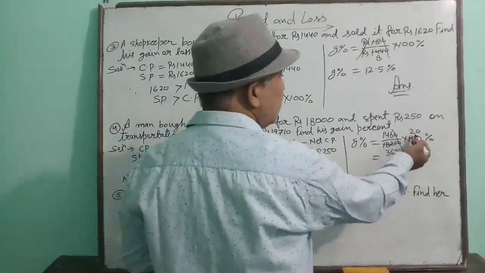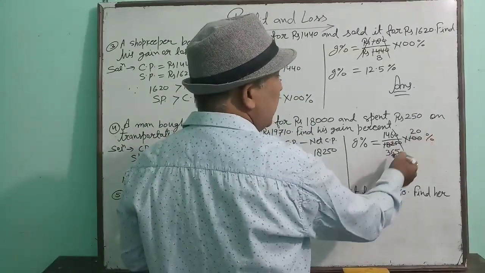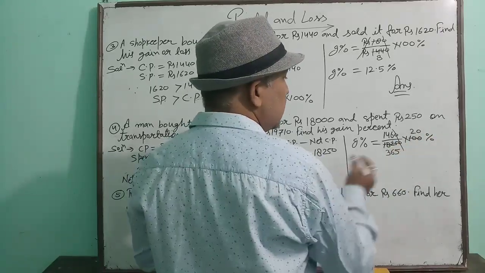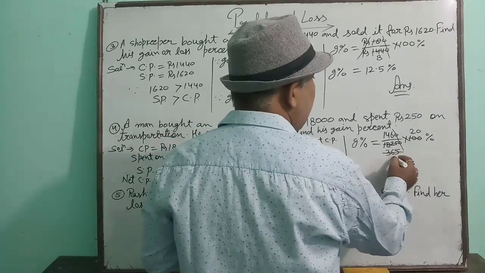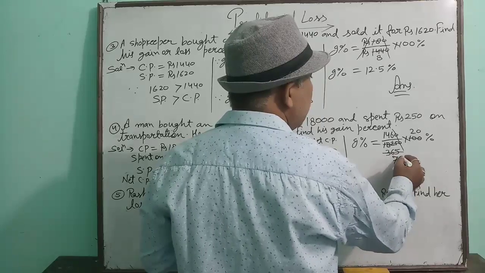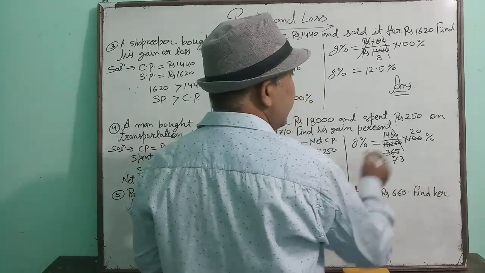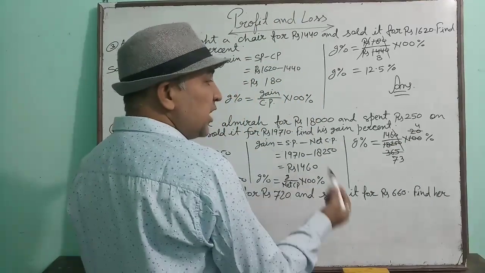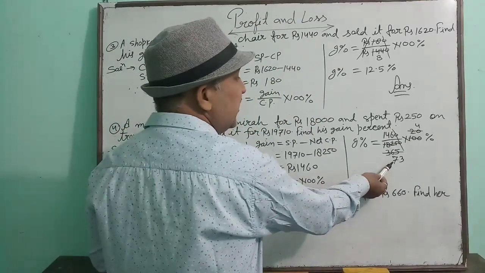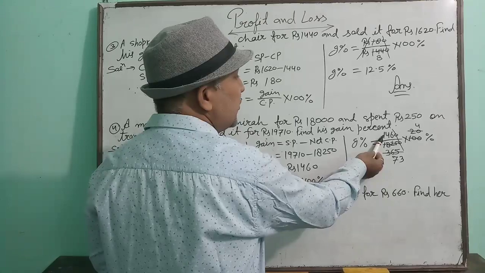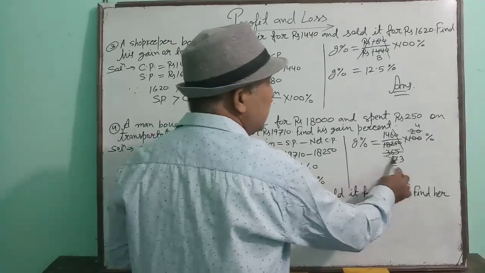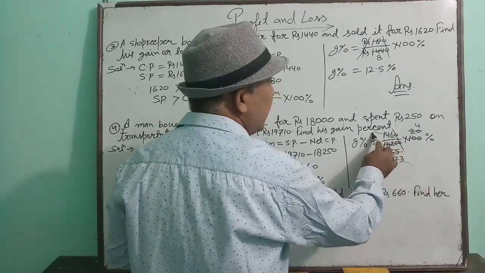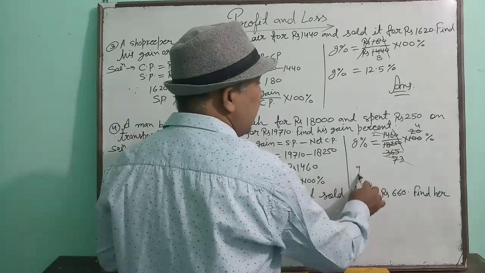Again you can see that 20 and 365 both are divisible by 5. So do it. 5 into 7 35, 5 into 3 15. 5 dividing 20 by 4 times. Now you can see that 73 will divide 146 by 2 times.